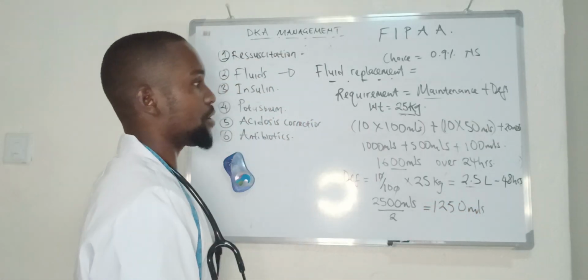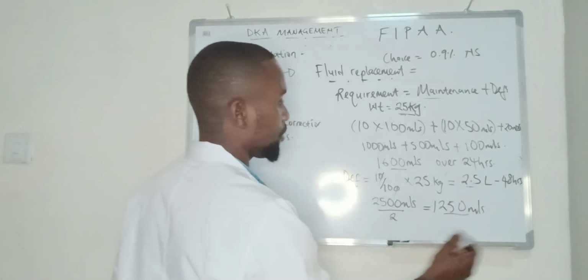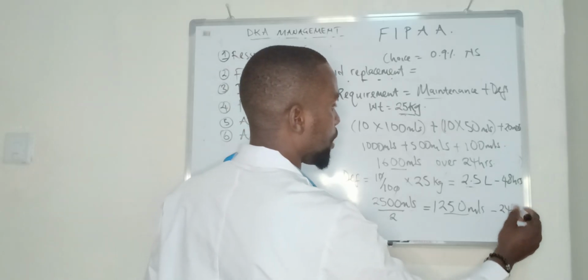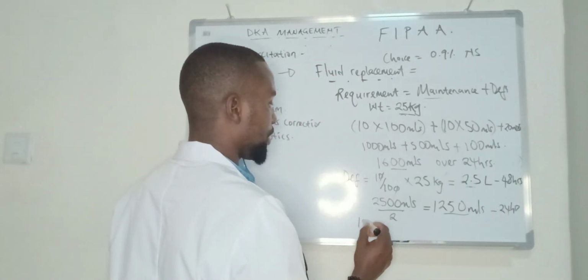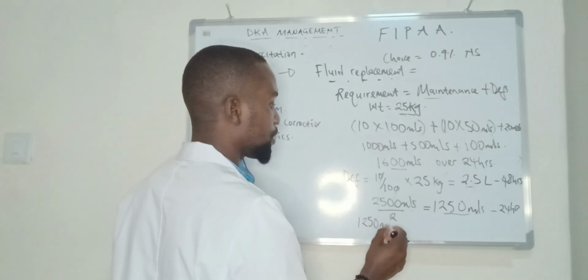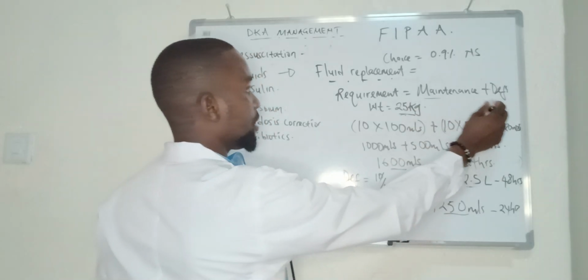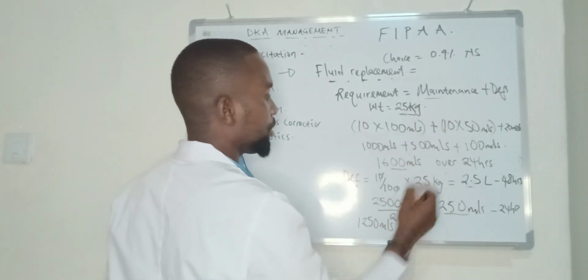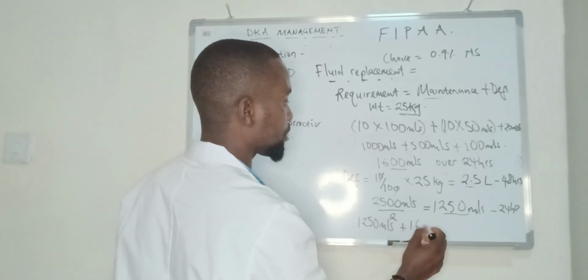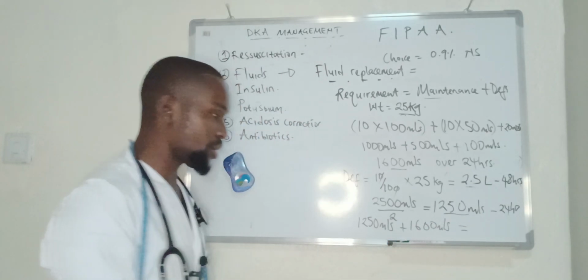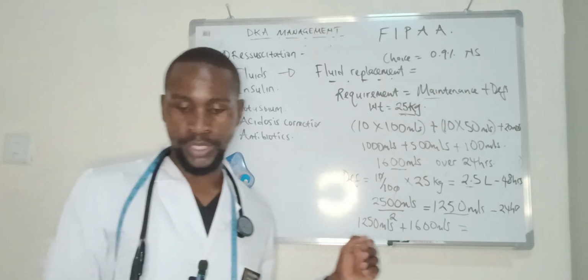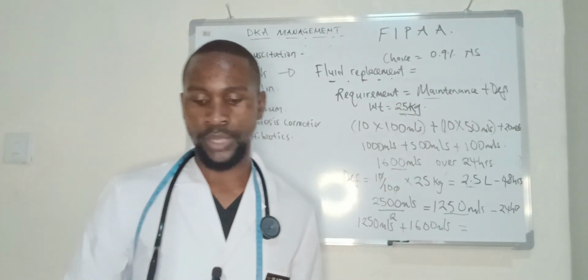So this 1,250 mils is what you add. So this is now in 24 hours. So what are you going to do? You say now we are going to say 1,250 mils, which is the deficit, plus maintenance, which is plus 1,600 mils. So the total that you are going to find when you add this is the amount of fluids that you are going to give.